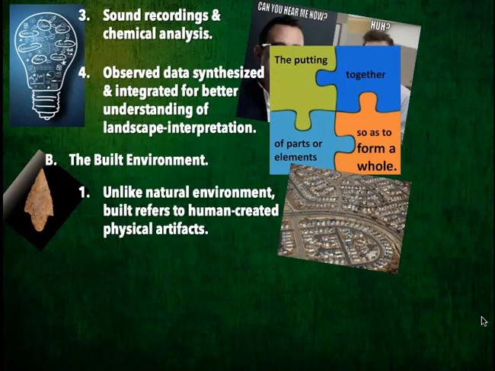Then we have the picture on the right side showing a more modern view of the built environment. Even though I show that arrowhead, I'm probably getting a little too simplistic. Usually we do think of larger structures now, not necessarily buildings, because you can include roads and fences and things like that. But they're all human created.